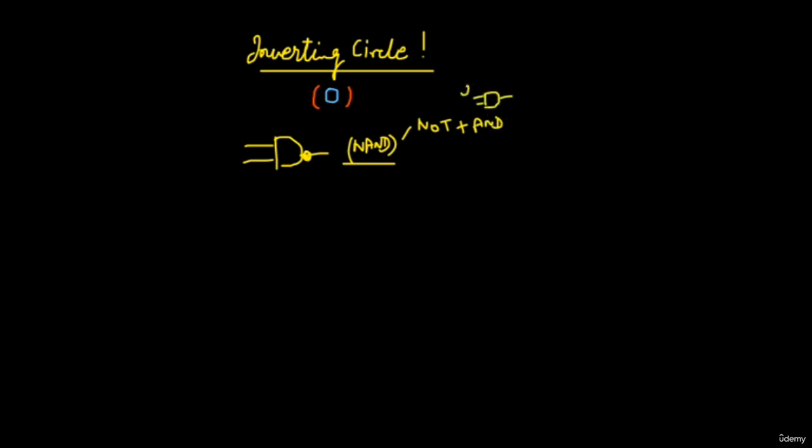These are the two inputs and this is our output. And when you place the inverting circle, that means the NOT gate operation. So whatever the input is, like let's say the output is going to come 1, after reaching the inverting circle, it will be 0. It will simply invert, or just reverse, that.